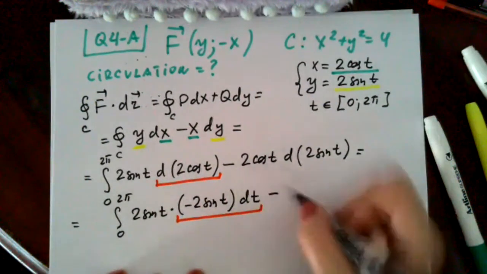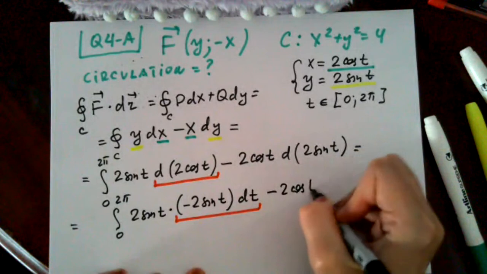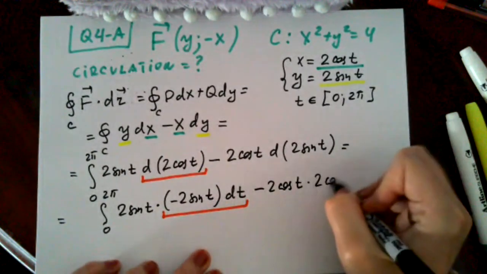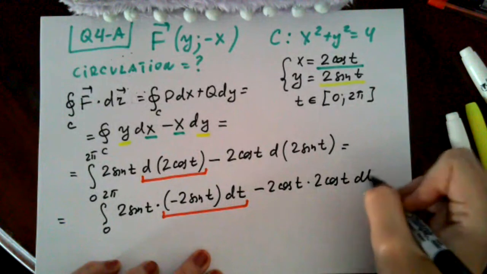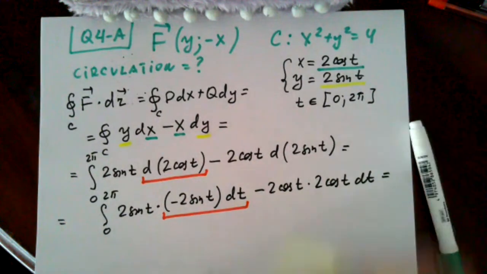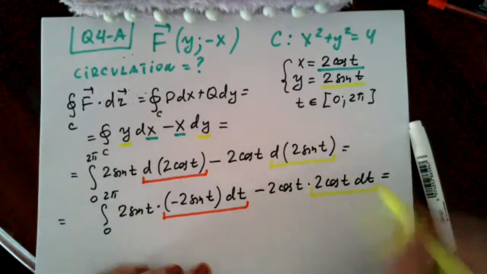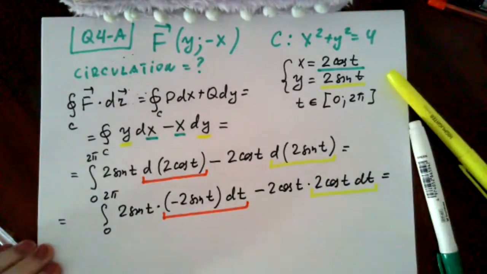Now, what about the next term? This guy gets rewritten, and the derivative for sine is cosine. So it's 2 cosine of t dt. And again, it's better to highlight it. So this was the differential, and it's equal to this expression.